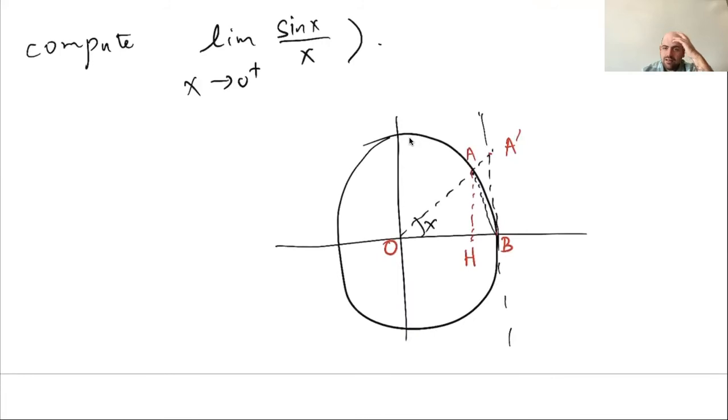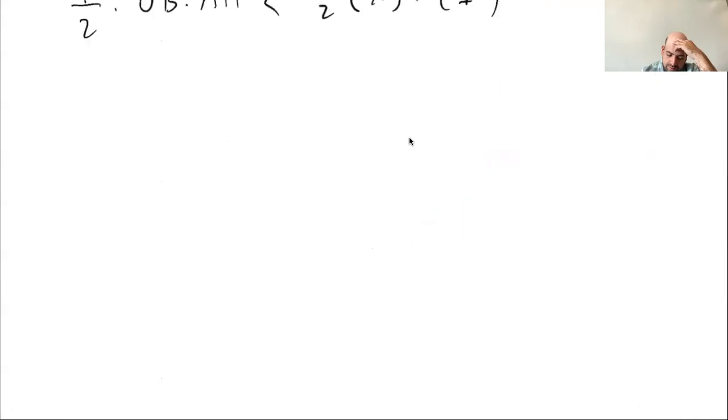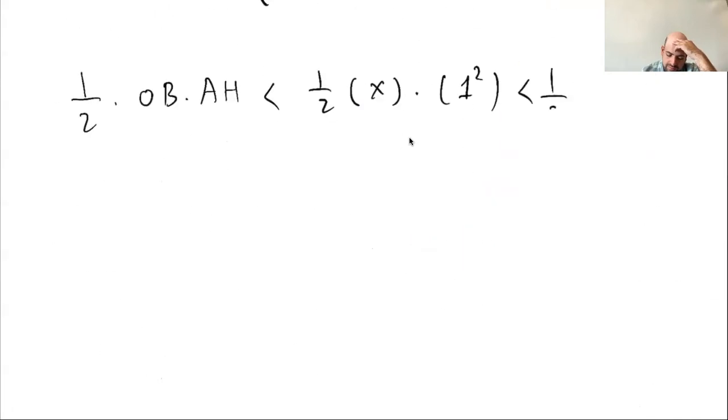This is a unit circle, because you know that all the trigonometric functions are defined with the unit circle. So OB is equal to the radius, which is 1. And then we have the area of OA prime B, which is 1/2 OB times A prime B. Now OB is 1, as we said.